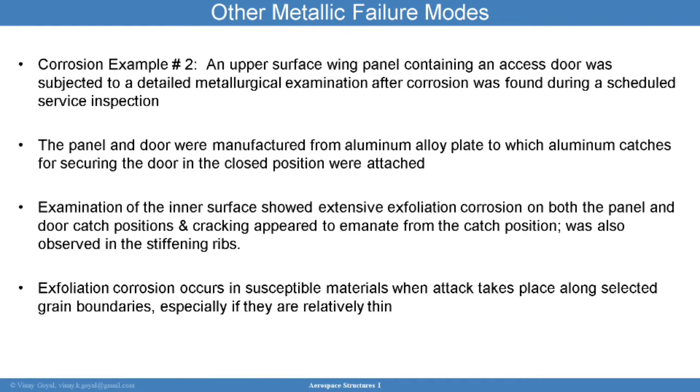And the purpose there is to look for any signs of damage or any issues that look out of order relative to hardware, relative to the position of the control surfaces, and corrosion could be one of those material issues that can be found during the scheduled or unscheduled service inspections. In this case, it was a scheduled service inspection.